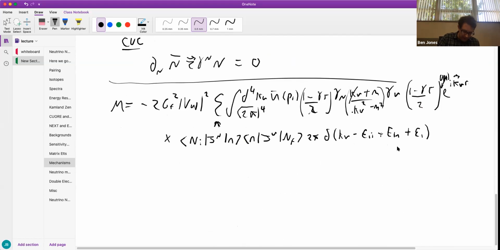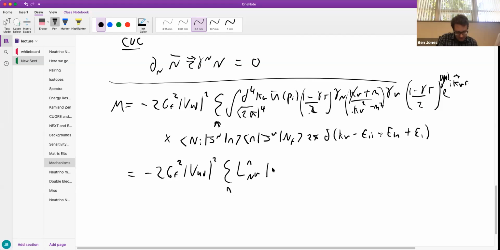And so this can be written in a slightly more compact form, which is going to make life easier for us in the following way. V_ud squared, sum over intermediate states, leptonic tensor, which depends on the intermediate n, hadronic tensor, which depends on the intermediate n. Okay. And so this is a sort of familiar way of writing a matrix element that decomposes the leptonic and hadronic systems.